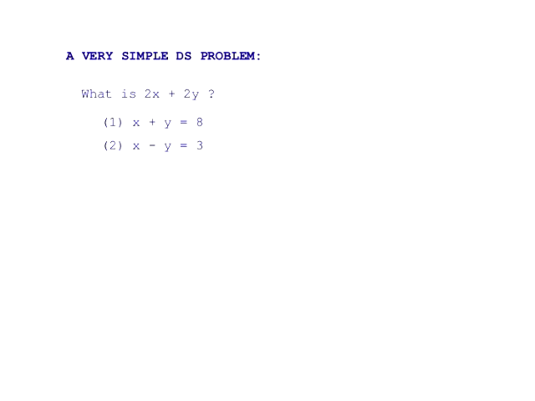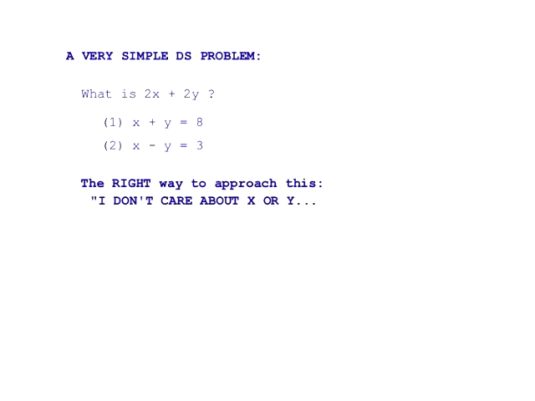Now there are two ways in which people could theoretically approach this. The right way is to think, I don't care about x or y because they are not the goal of the problem. I care about the goal of the problem, which is 2x plus 2y.